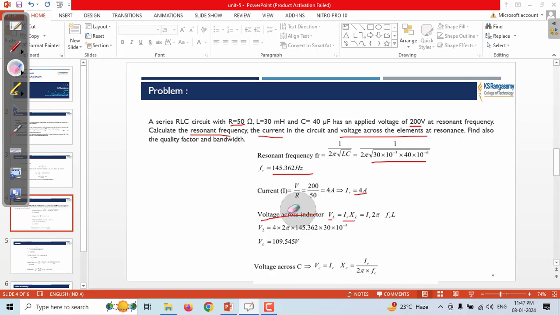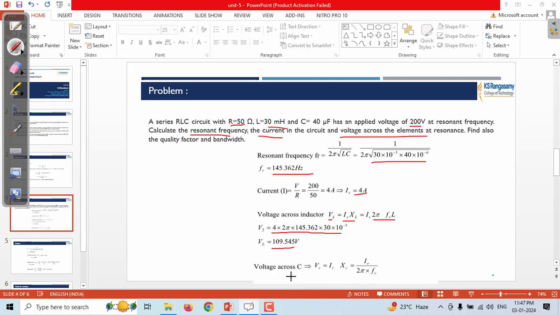The inductive reactance XL equals 2 pi f L. So VL is I into 2 pi f L. We calculated I as 4 amps, the frequency as 145 hertz, and the inductance is given. By substituting these values, we can find VL.